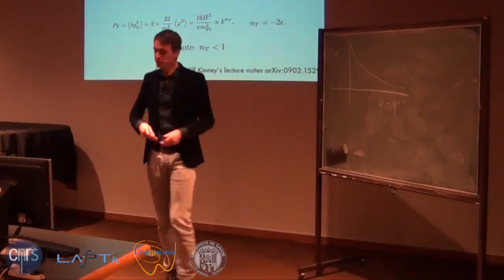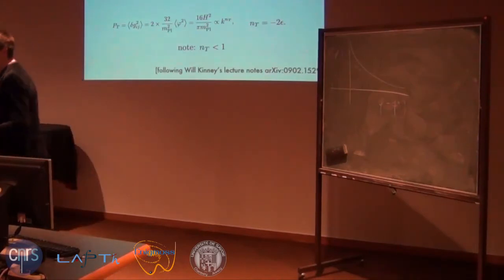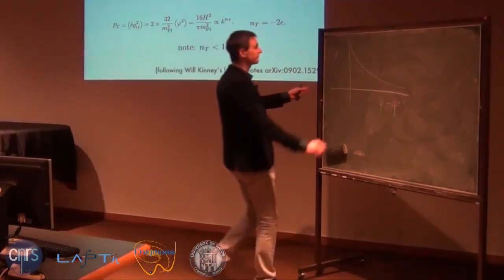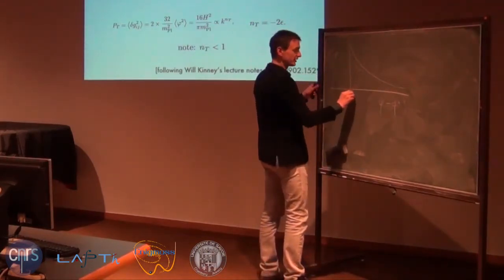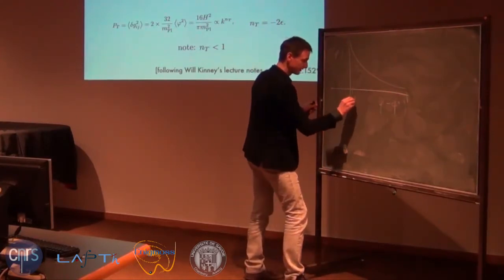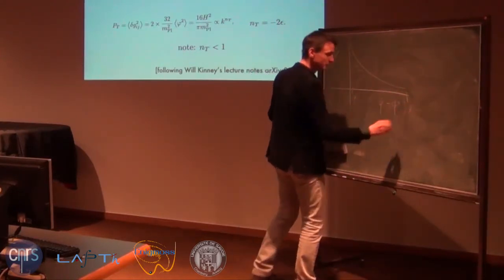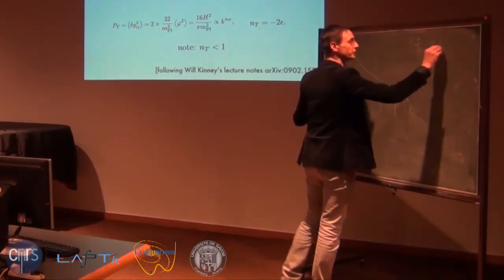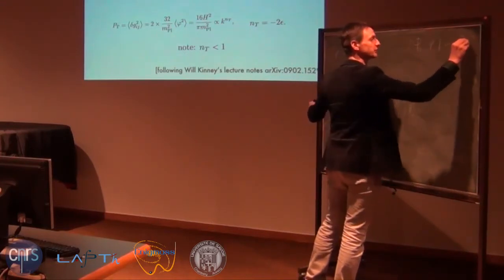Then, if you do some more algebra, and you want inflation to satisfy all the requirements that we have on it, for example, solving the flatness problem, solving the horizon problem, giving the perturbations that we observe in the scales that we see, then the difference in the value of the scalar field here and here, so we call this phi 1 and phi 2, will be of the order of the Planck mass.